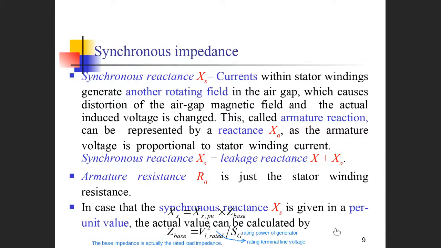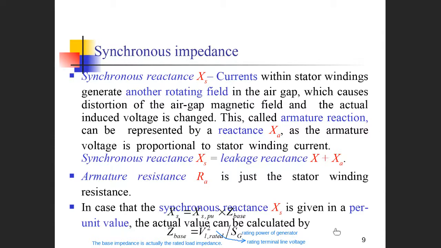Because here we just involve two parameters in the armature coils. So we have the armature reactance XS, and we have the armature resistance RA. The S here stands for synchronous reactance. The field coil side is a DC side. So we have the DC part of the field coils, and the AC part of the armature.